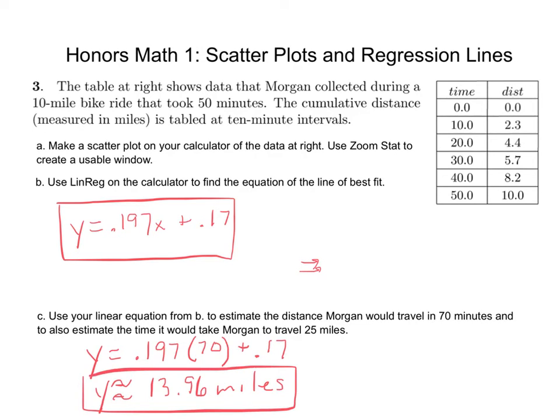And then, to get the time it would take Morgan to travel 25 miles, we take 25, that's our y value, equals 0.197x plus 0.17. Subtract the 0.17 from both sides. That is 24.83 equals 0.197x.